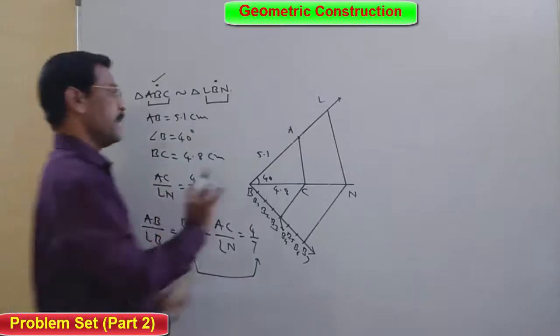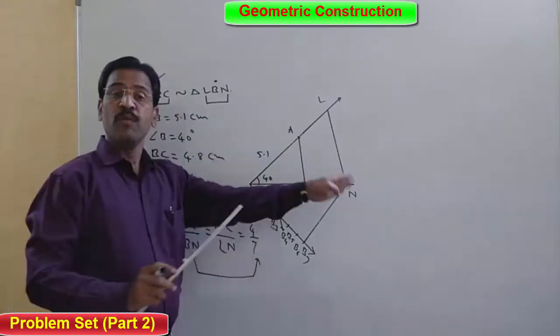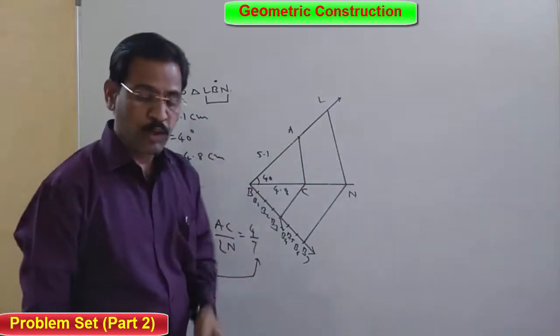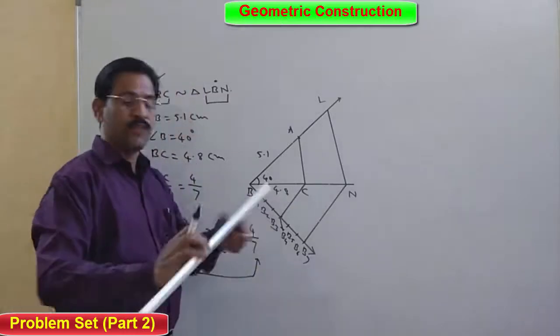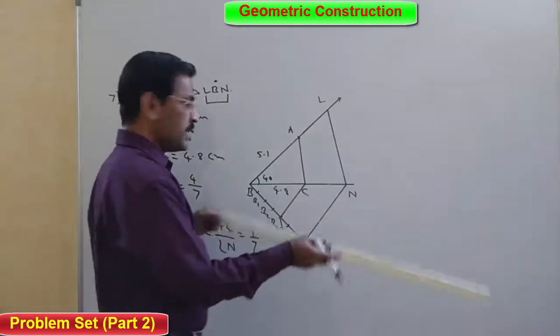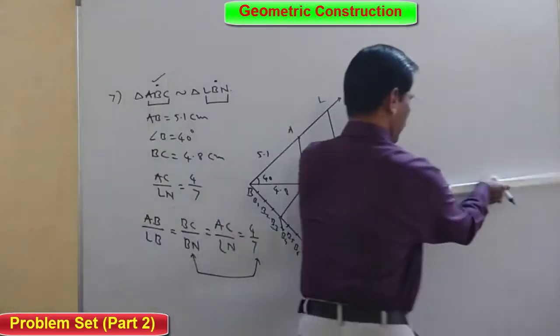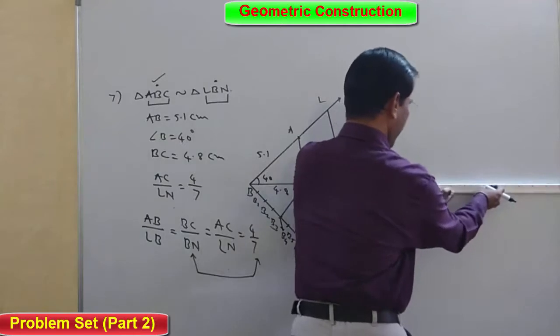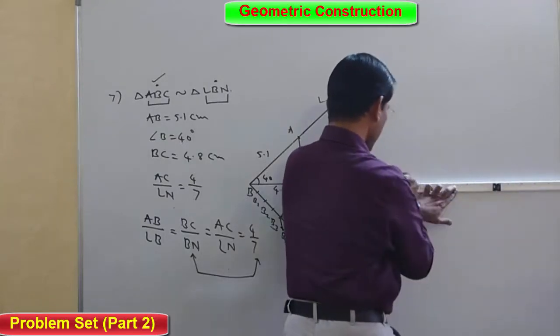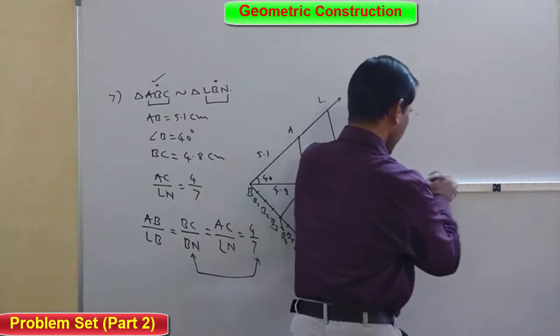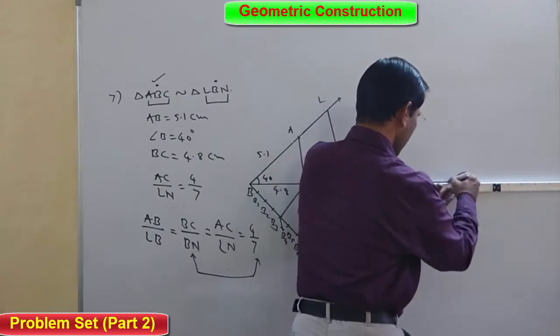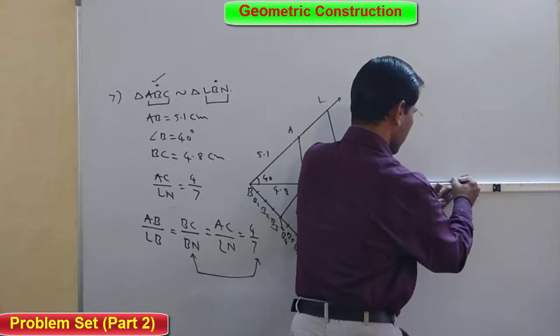Okay friends, now just try the fair figure. Look, first of all we have to draw BC of 4.8 centimeter. Look friends, 4.8, where is it? Yeah, from this particular point. Okay, 4.8 means somewhere here.